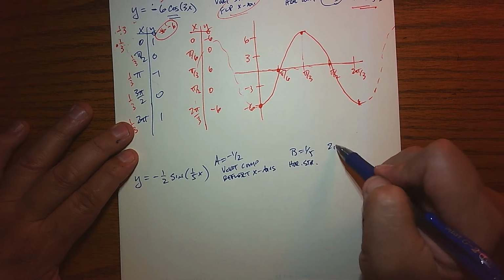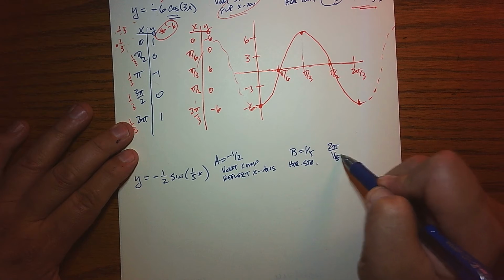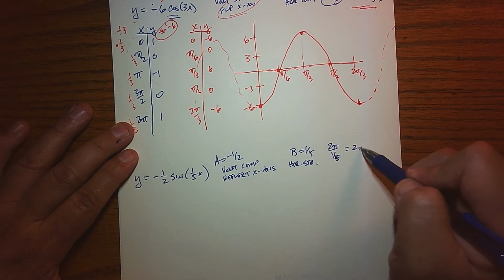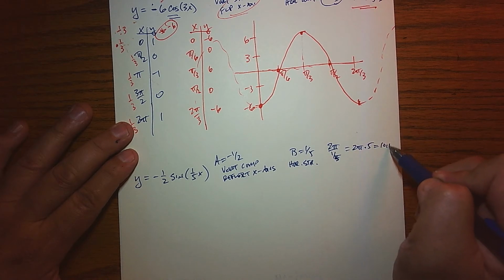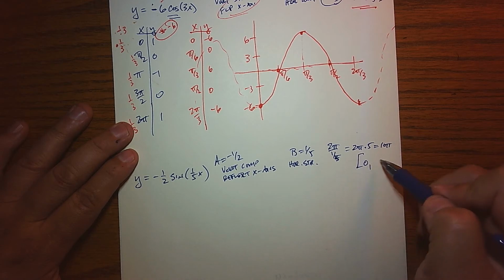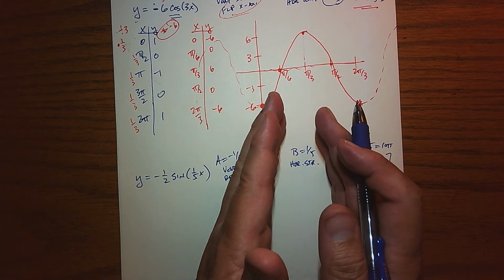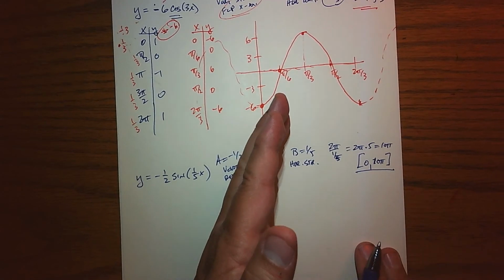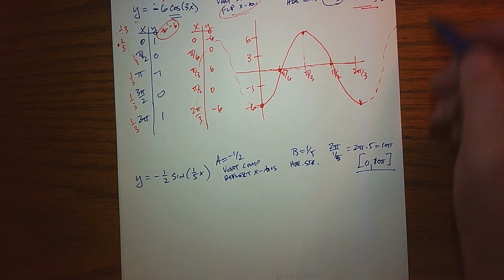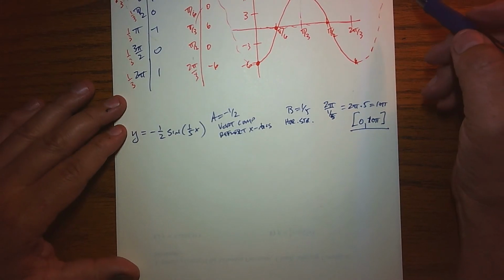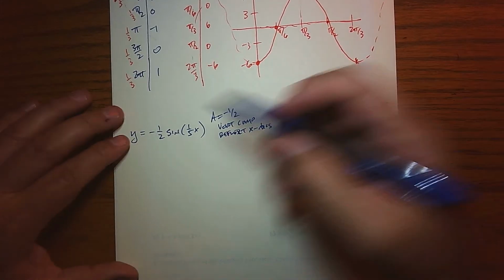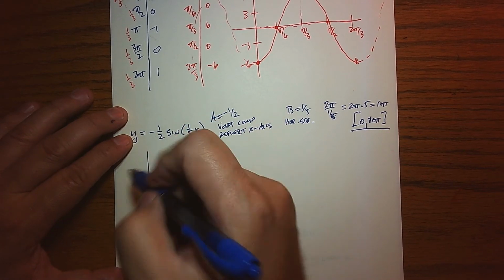Our new period is 2 pi over 1/5, which is 2 pi times 5, which is 10 pi. What used to happen in 0 to 2 pi, 1 full revolution, we're now doing from 0 to 10 pi, which is actually 5 revolutions. So again, rather than trying to figure that all out, manipulate data.